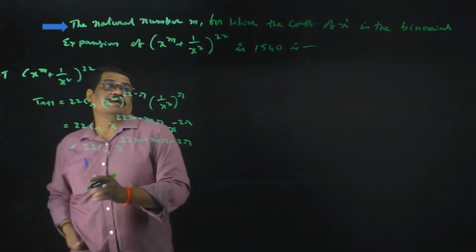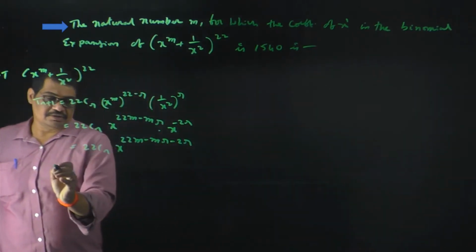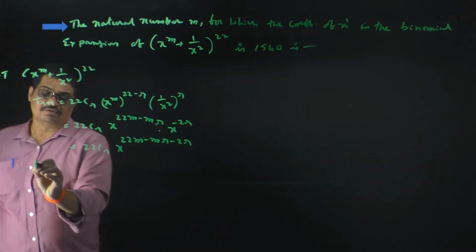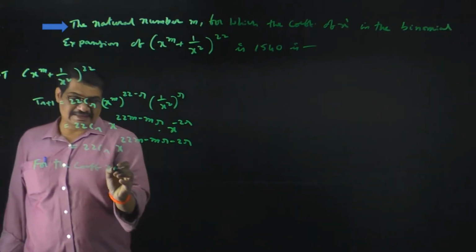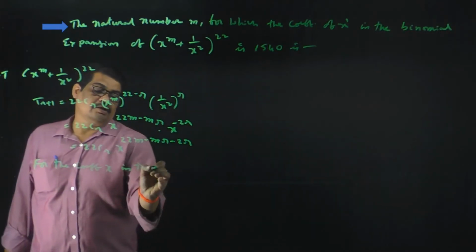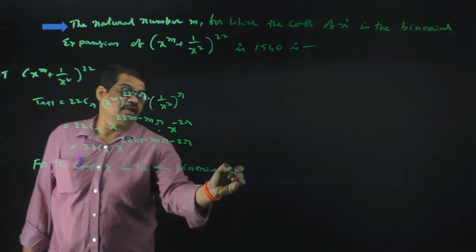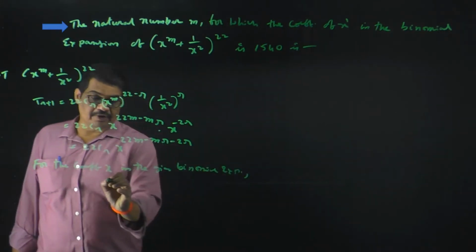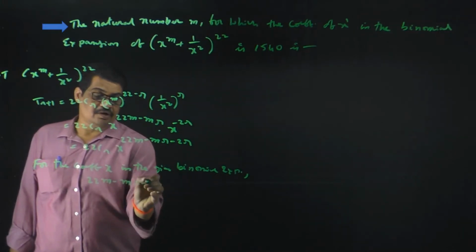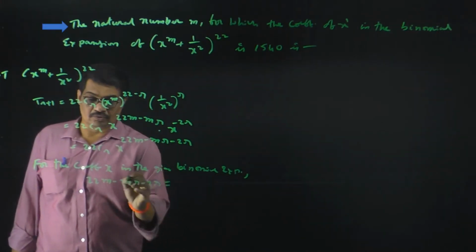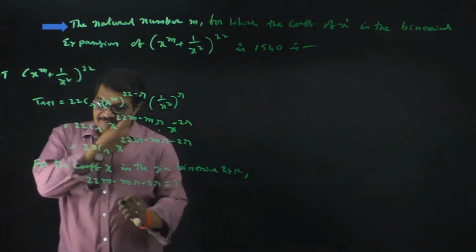Here the power of x is equated to 1. So for the coefficient of x in the given binomial expansion, we equate 22m minus mr minus 2r equal to 1.